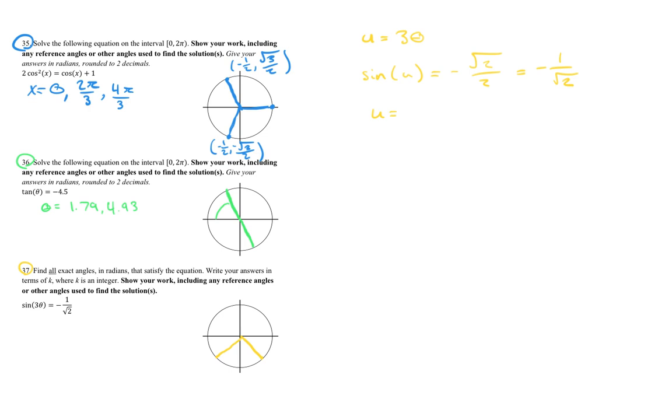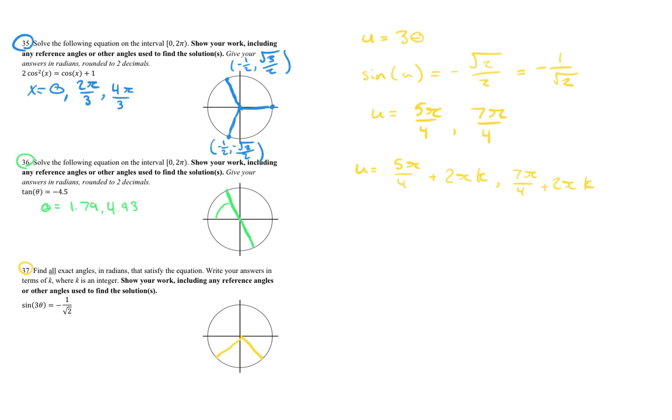So here we know that u is going to equal 5 pi over 4 and 7 pi over 4. Both of these also have this plus 2 pi k, because we can always go around the whole circle k times, which is what that k is saying. So we get that u equals 5 pi over 4 plus 2 pi k and 7 pi over 4 plus 2 pi k.